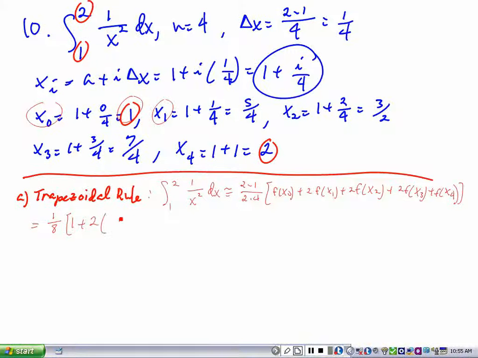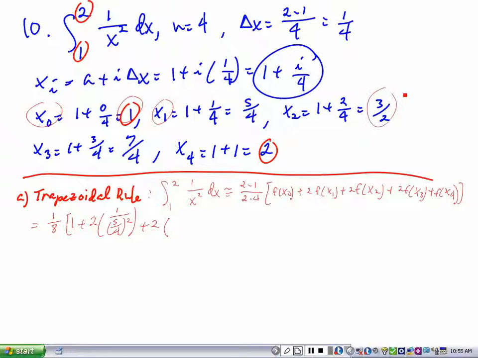So this is 1 over (5/4) squared plus 2 times f of x of 2.